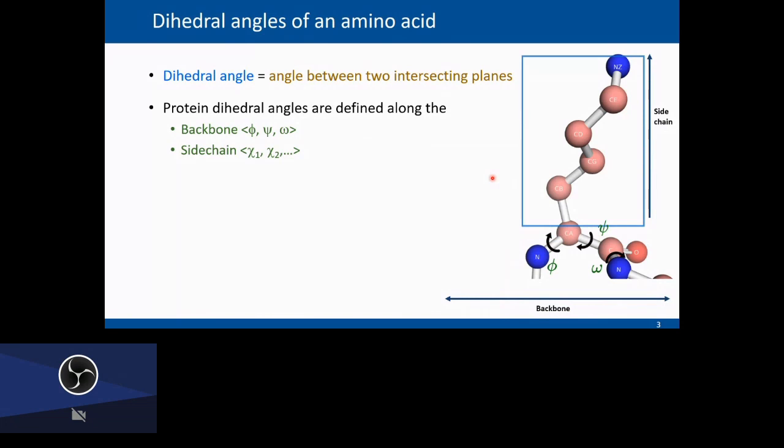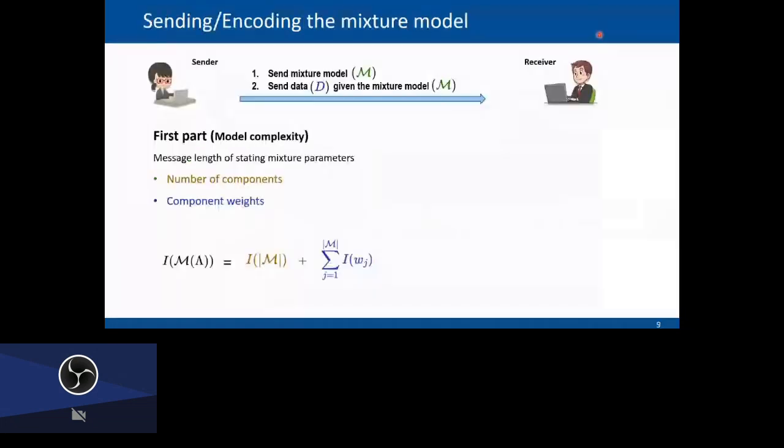So to achieve this goal, let's explore the message length of a mixture model. For a mixture model, the first part deals with sending the mixture model, or sending mixture parameters. And here, this first part can be stated as a summation of three message length terms: the message length required to send the number of components, component weights, and component parameters.